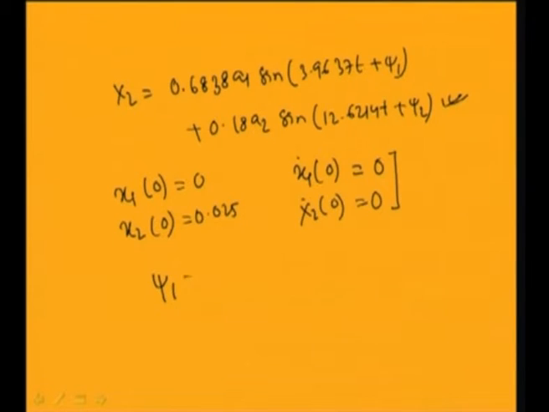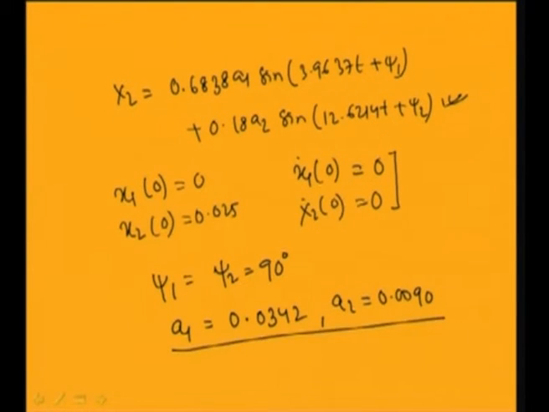So one obtains psi1 equal to psi2 equal to 90 degrees, a1 equal to 0.0342 and a2 equal to 0.0090. So one can write the expression for x1, x2 in terms of these constants.